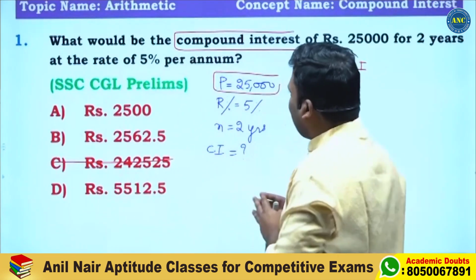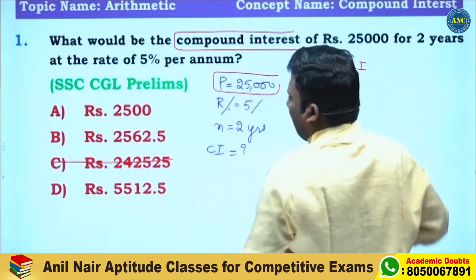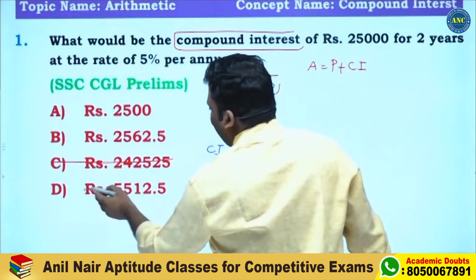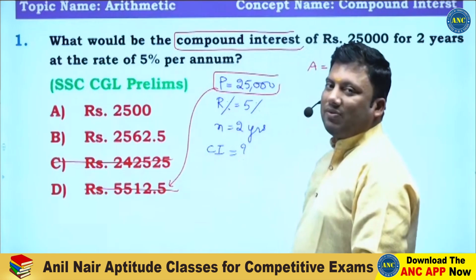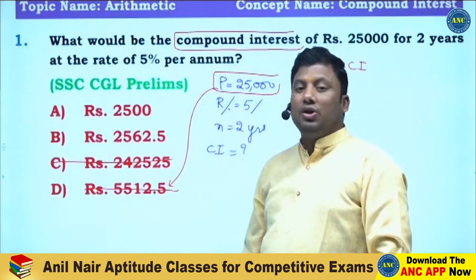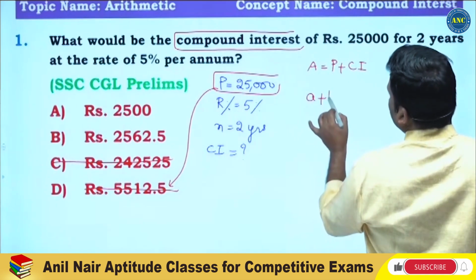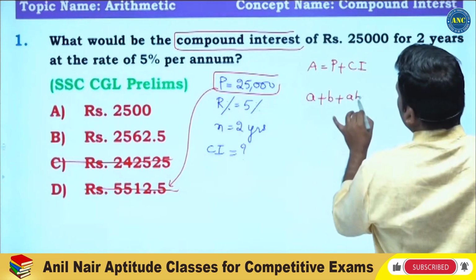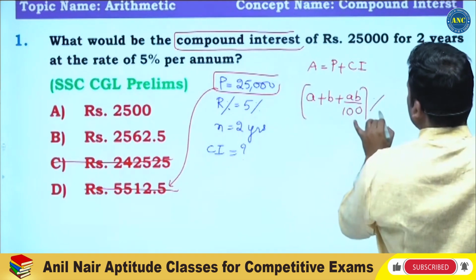So now if you observe here, 2,500, 2,562 and 5,512. 5,512 is double this value. Double this value, you will not get it. Why? Because successive change states that it is A plus B plus AB by 100 percent.